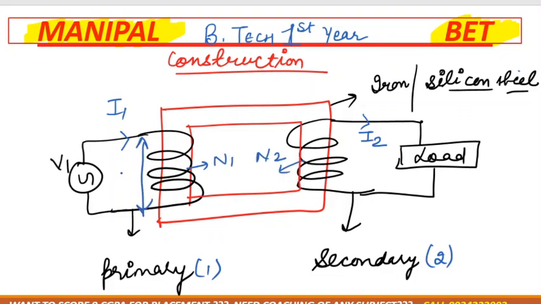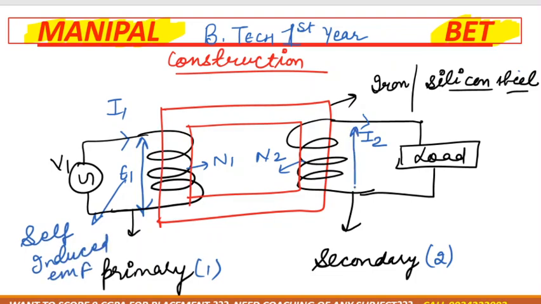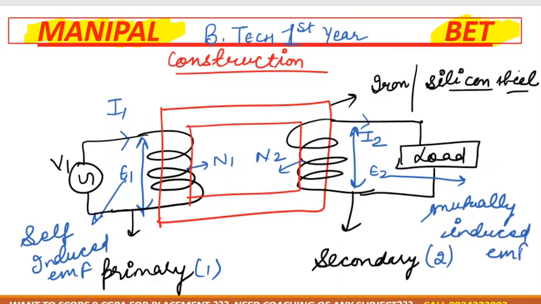Here the EMF induced is E1, which is known as self-induced EMF, and E2 is known as mutually induced EMF. Due to the current, flux is generated in the material, phi.